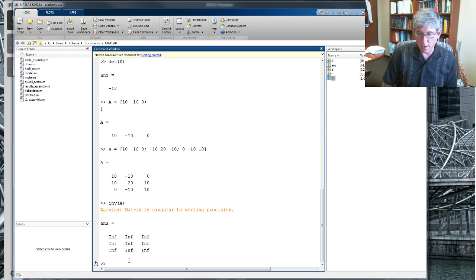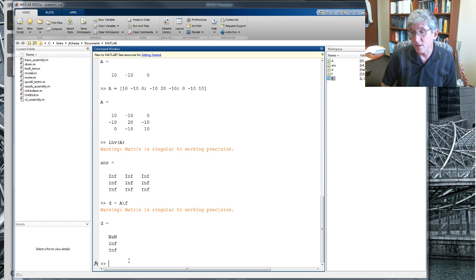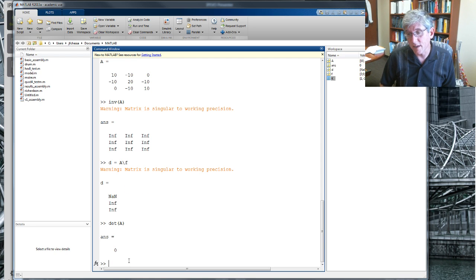So if we wanted to solve for another D using A instead of K, D equals A under F, it'll give me an error saying it's singular, can't solve that system. And again, if you looked at the determinant of A, you'll see that it's 0, which means it's singular.